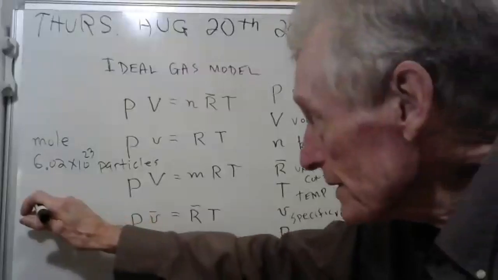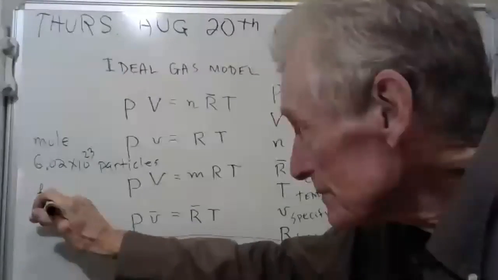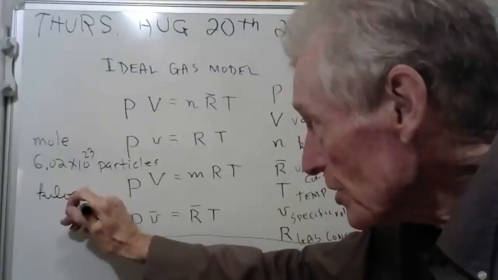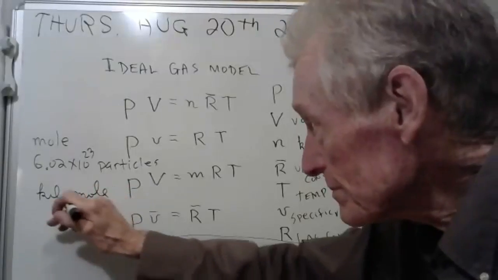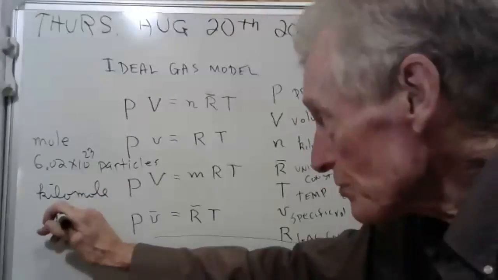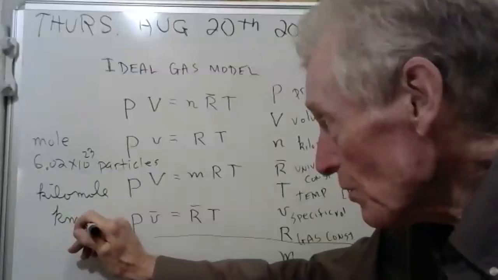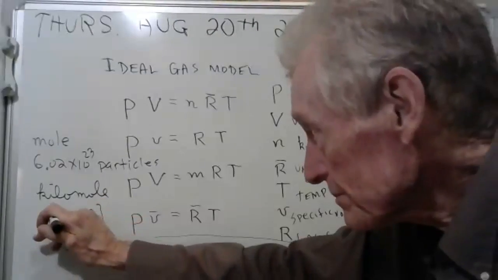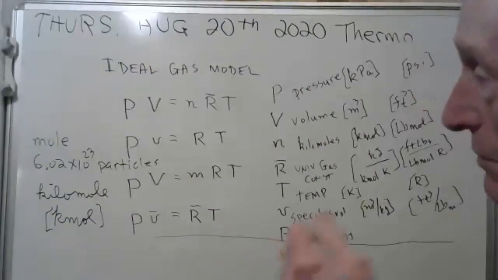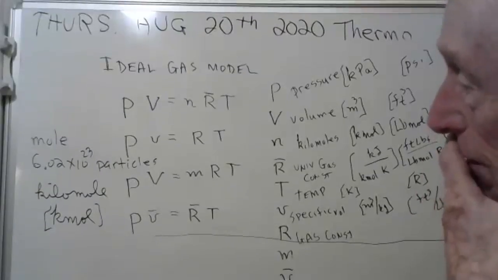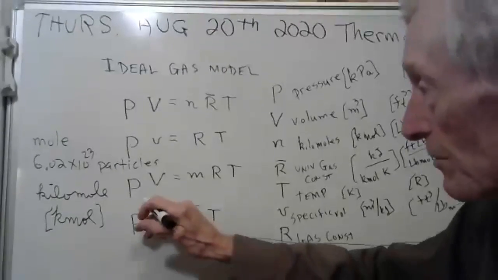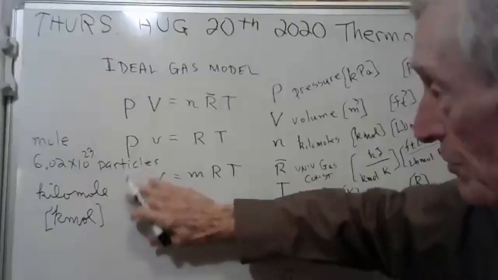Now, if you want a kilomole, which we just write as kmol, you know what that would be? Now, let me think. Running out of room here. Let me make some room.